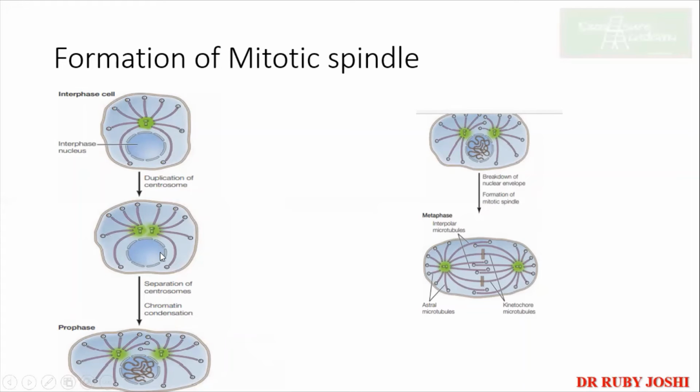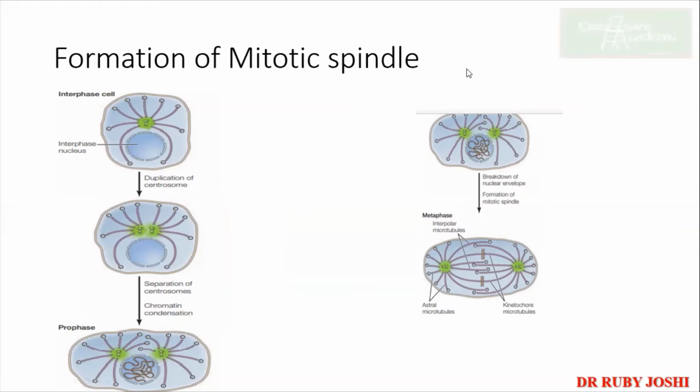So if anyone asks at what phase of the cell cycle the centrosome is getting duplicated, the answer is interphase. Within interphase you have the S phase, G1 phase, G2 phase. Then again the answer is S phase, because in S phase all your duplication work happens, DNA duplication etc. I hope this is clear.